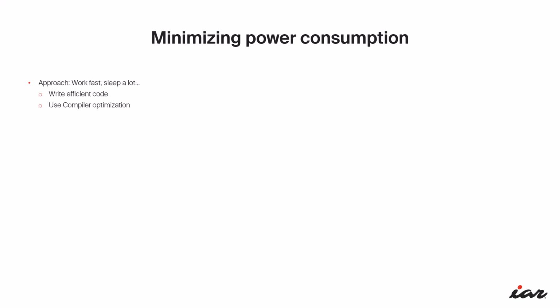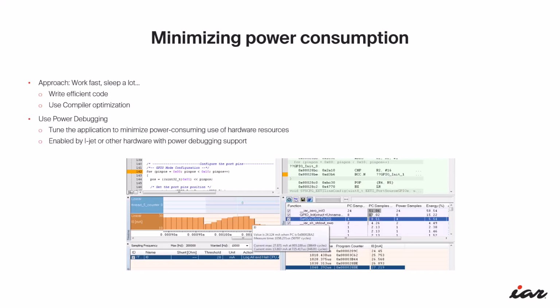And as mentioned before, use the right compiler optimizations. But very important, you need to measure how your application behaves on the target. So you can use some power debugging techniques, mainly to tune your application to minimize power consumption when it uses the hardware resources.